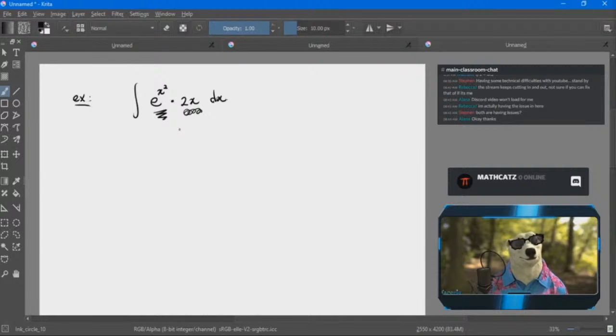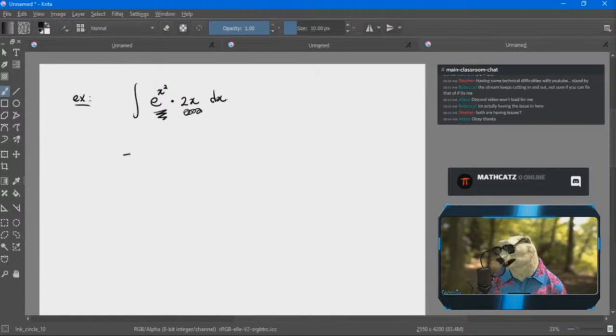So when I reverse the chain rule, I'm not looking for the whole thing being a function of a function. But usually, almost always for us, some part of it will be a function of a function. And there will be some other parts as well that we'll see are kind of needed.